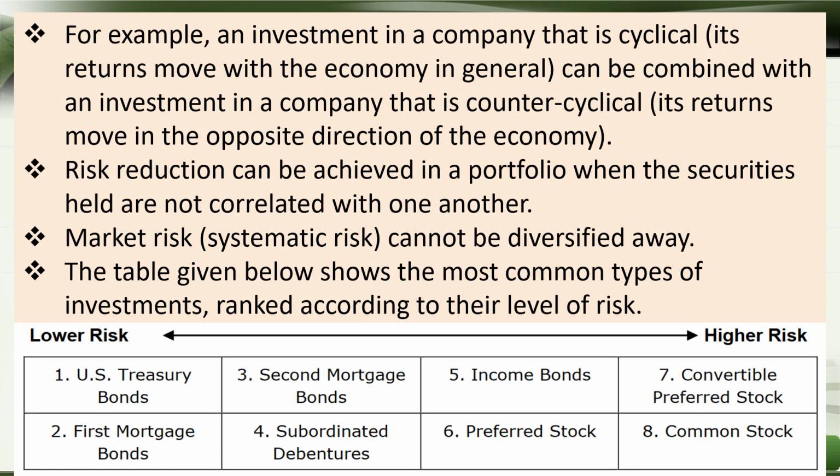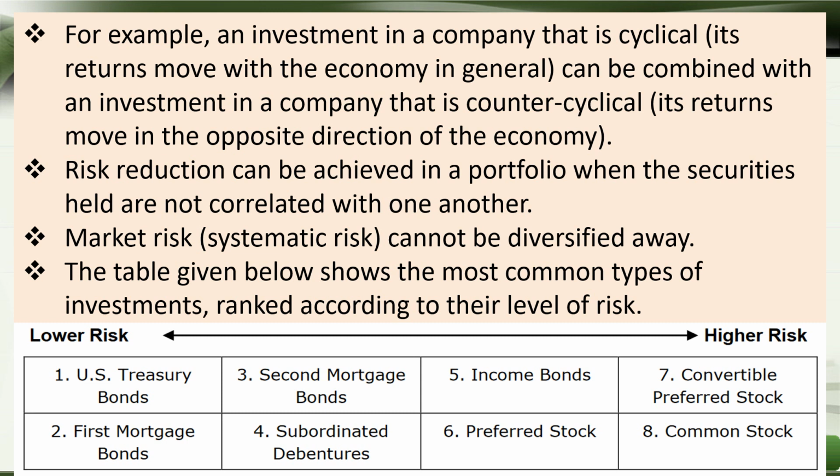Let's see the roadmap for the level of risk and higher risk. So how can we see that practically? For example, an investment in a company that is cyclical, whose returns move with the economy in general, can be combined with an investment in a company that is counter-cyclical. Its returns move in the opposite direction.